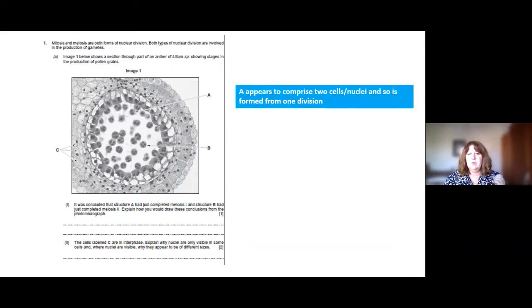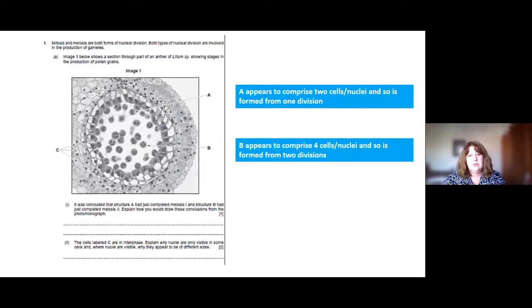I said about them comprising two cells. You can see the two nuclei there from the one division, whereas B appears to be made of four nuclei, so that's formed from two divisions. That's why I was drawing your attention to those images earlier on.